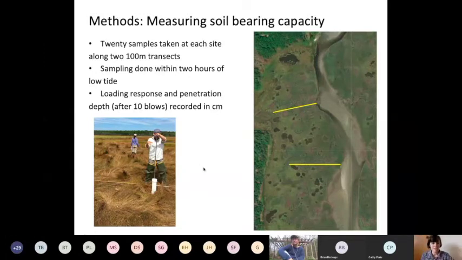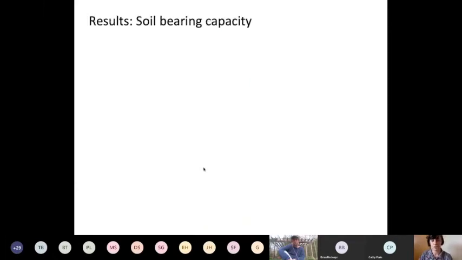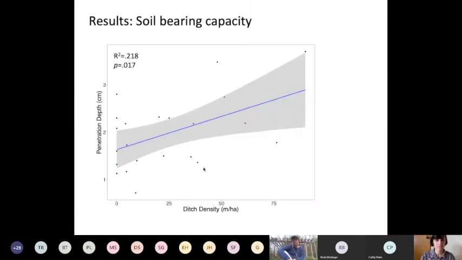So how would I validate this metric? Well, I needed an independent measure of marsh integrity. And luckily, I had ditch density to use. And so to validate this metric, I wanted to see if there was a relationship between penetration depth and ditch density.